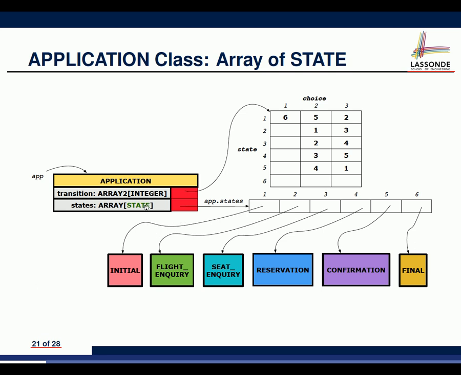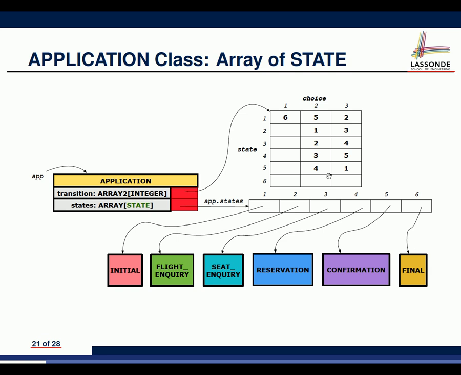In this case, we've got 6 different states according to the hierarchy. And then the transition over here is a transition table that we talk about. It's simply going to be a 2-dimensional array of integers. We're going to see exactly how these 2 attributes will work together.